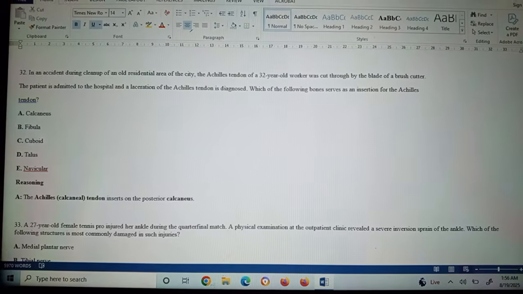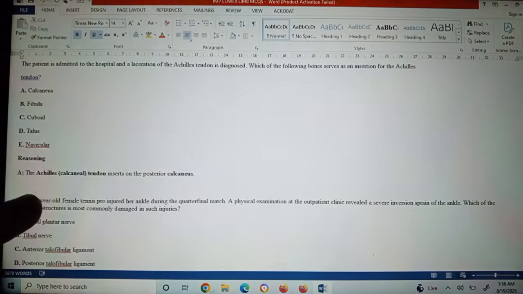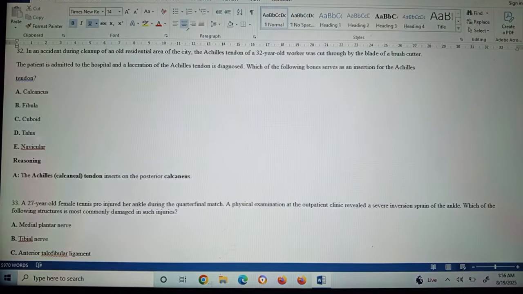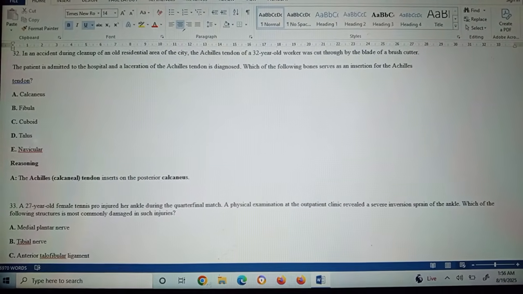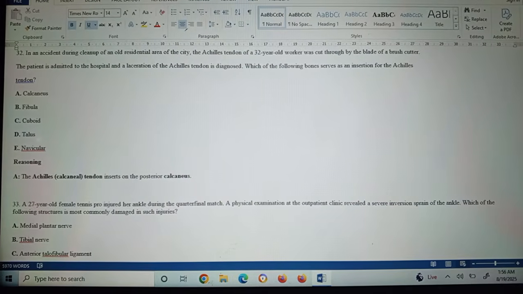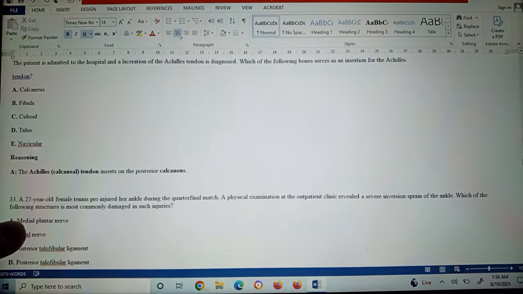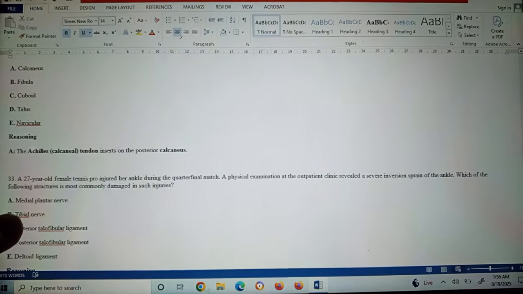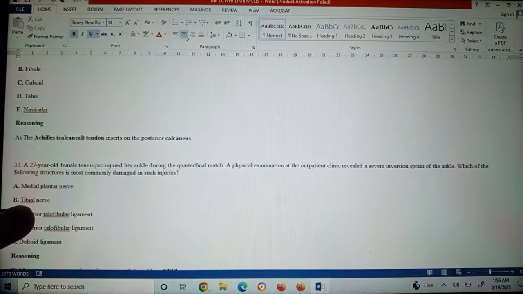This is a very common question and mostly usually asked in the viva as well. The options are calcaneus or calcaneum bone, fibula, cuboid, talus, and navicular. The Achilles tendon is inserted onto the posterior calcaneus. Calcaneum is the answer, that is A.